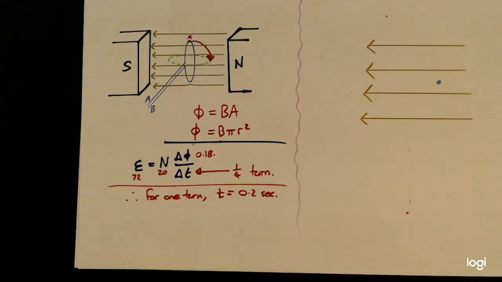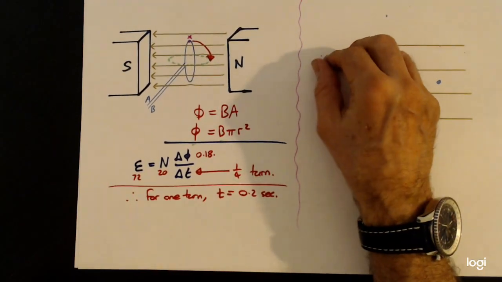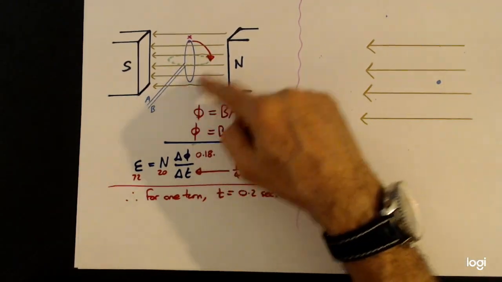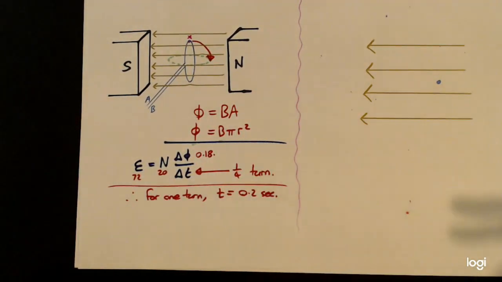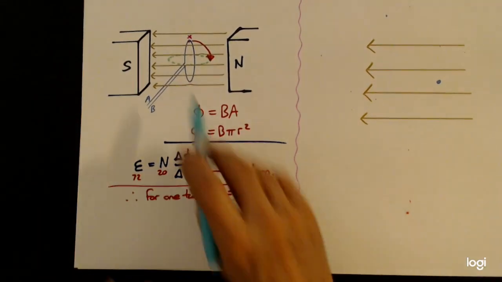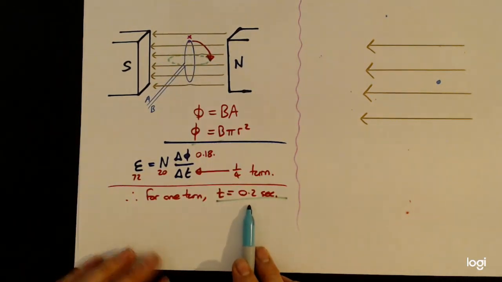The question says, what's the frequency of rotation of the coil? Frequency is how many cycles something does in 1 second. In this case, it's how many turns something does in 1 second. For a wave, it's how many crests of the wave go past you in 1 second, and it's in hertz. So if one of these circles happens in 0.2 seconds, then 5 of them are going to happen in 1 second.